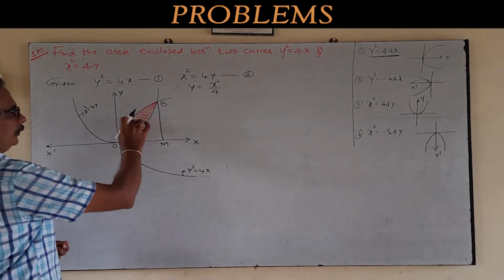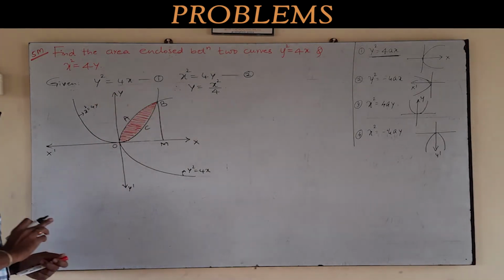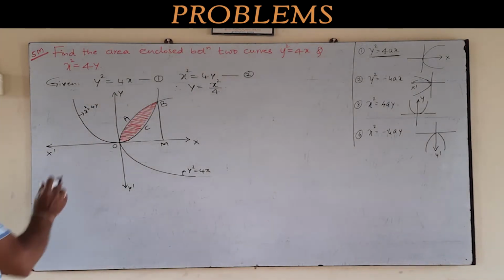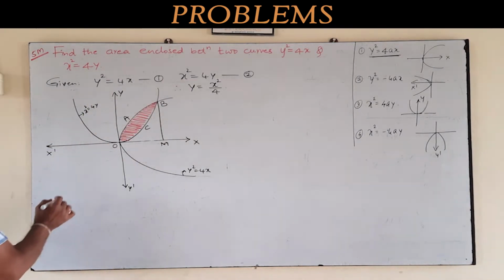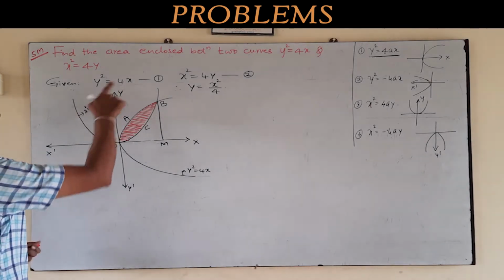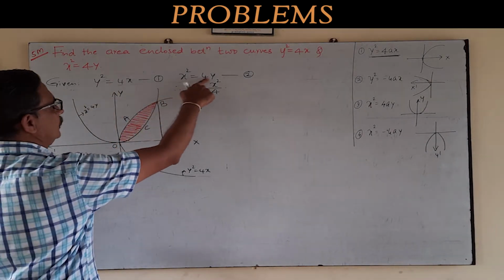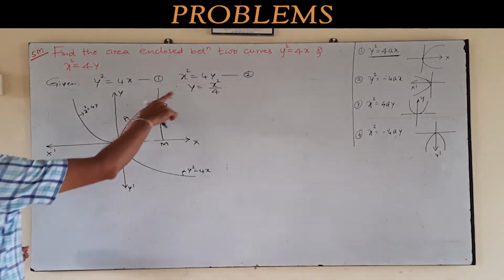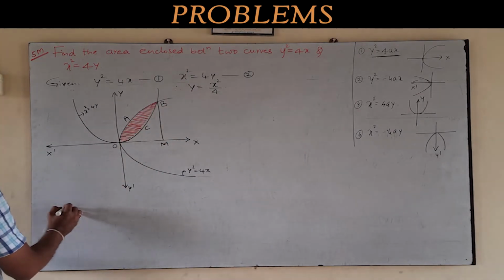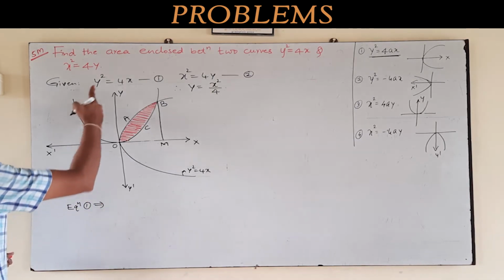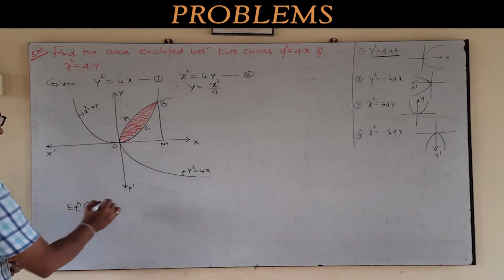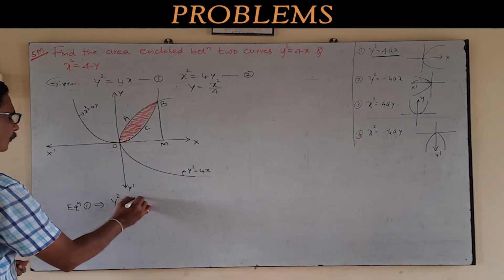Before solving the area, first find the limits, the point of intersection. Solving these two curves: equation 1 is y square equal to 4x, equation 2 is x square equal to 4y, therefore y is equal to x square by 4. Take the first equation, y square is equal to 4x.